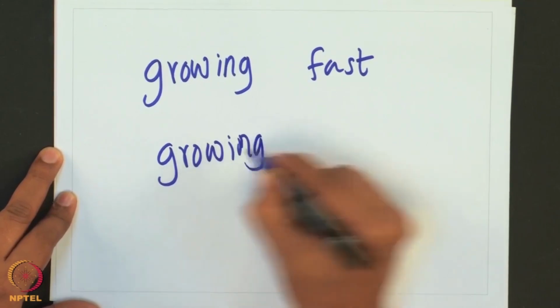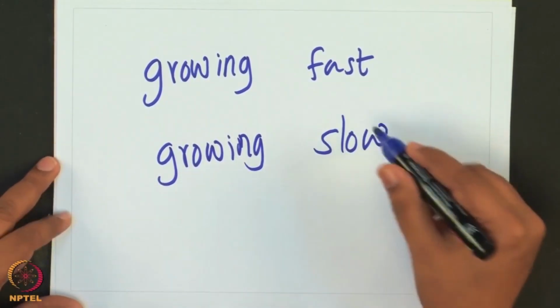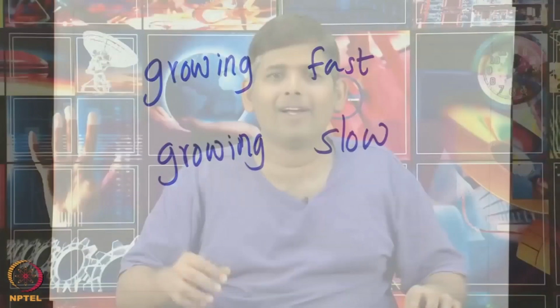These are statements that we can make using English, but fast, slow, etc. are relatively qualitative descriptions. But can we quantify how fast is fast, how slow is slow, compared to what? Is there a quantification of slow growth versus fast growth? This quantification is possible using mathematics. So this is one example.